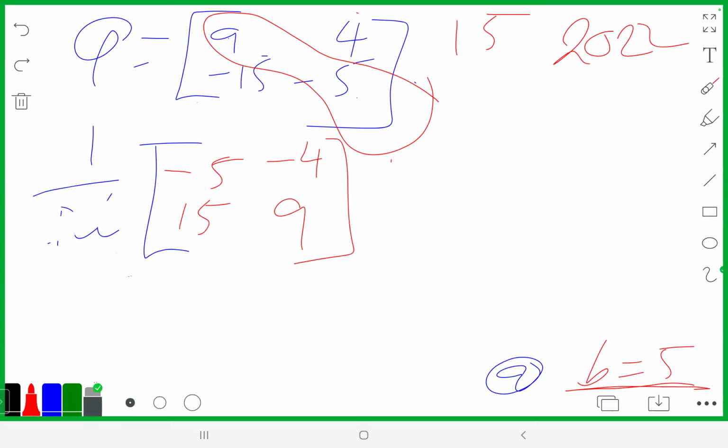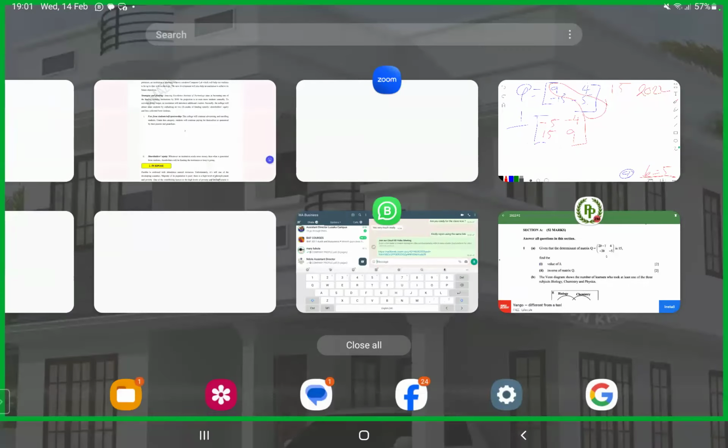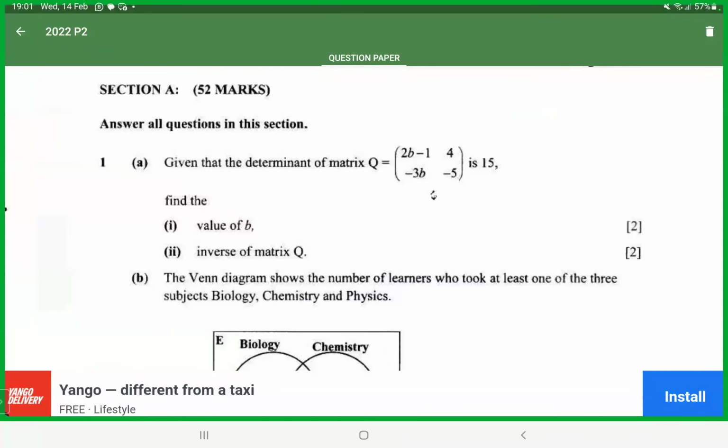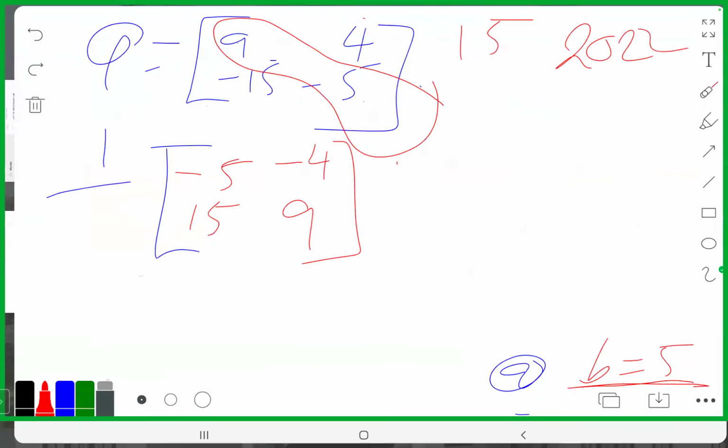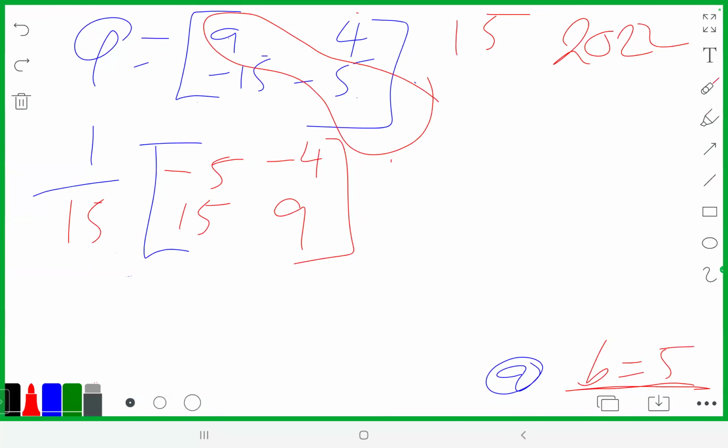And we have already found the determinant. What is the value of the determinant? Let's go back to the question. The question clarifies. It says that given that the determinant of the matrix is what? 15. Are you able to see it? It's 15, yes. So the determinant is 15. So where there is determinant, you put 15. Simple.